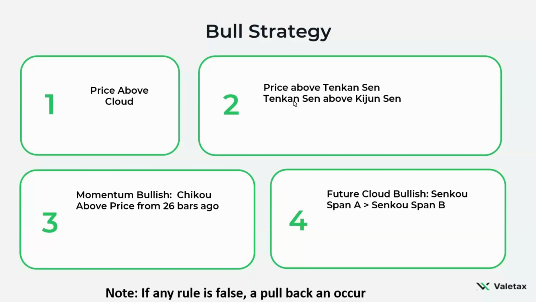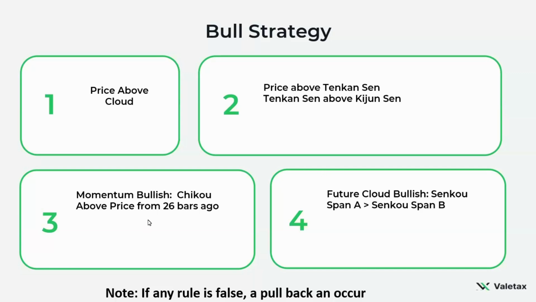And then you want the red line, the Tenkan-sen, which is support resistance for 9 bars, to be above the green line, which is support resistance for 26 bars. Okay, so basically, if you're looking at the order from top to bottom, you want the closing price, the red line, and the green line. Closing price, Tenkan-sen, and Kijun-sen. So you want that exact sequence of price there. If that's there, then you're good to go.